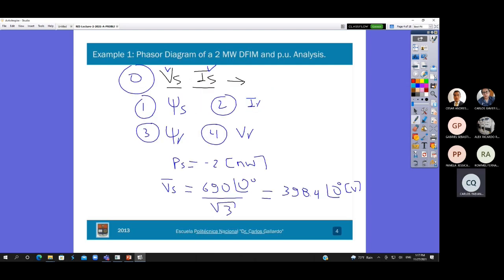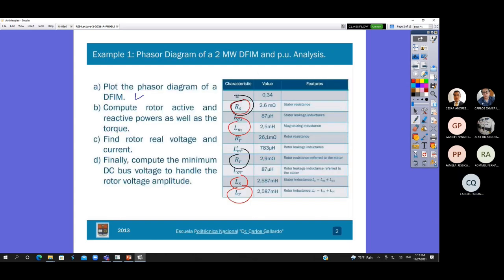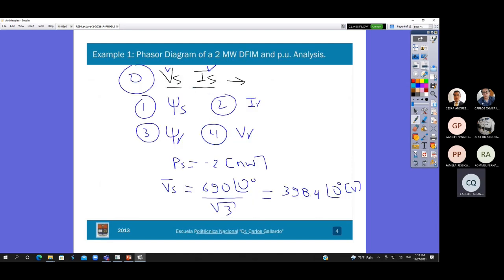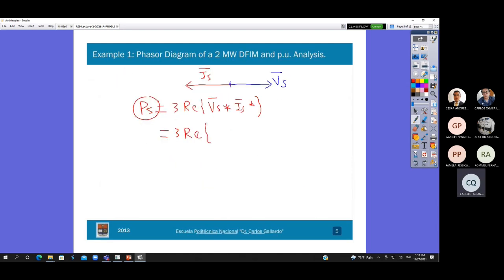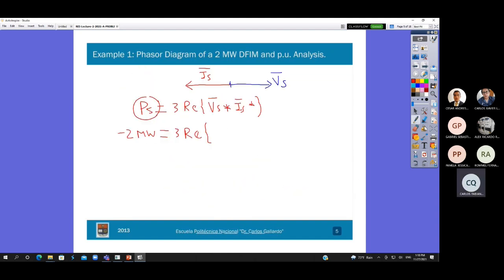According to the problem, the stator active power is 2 megawatts, right? So I have here 2 megawatts. The stator voltage we have already computed: 398.4 with 0 degrees times the conjugate of the current.